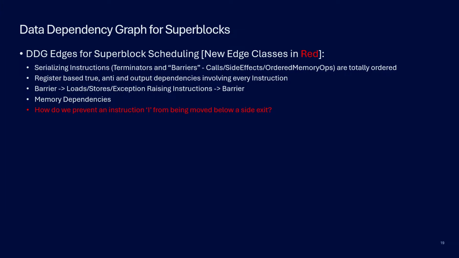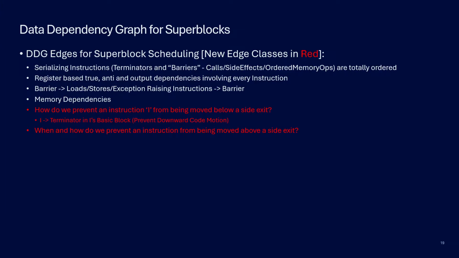So this edge is not really a data dependence edge, but it constrains that B shouldn't be scheduled before A. So what we should do is create an edge from I to the terminator, the branch instruction.